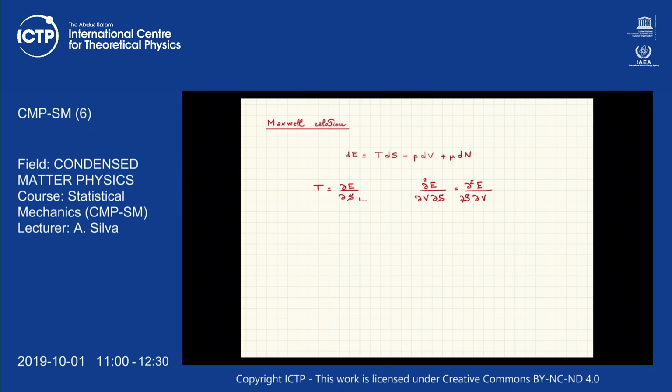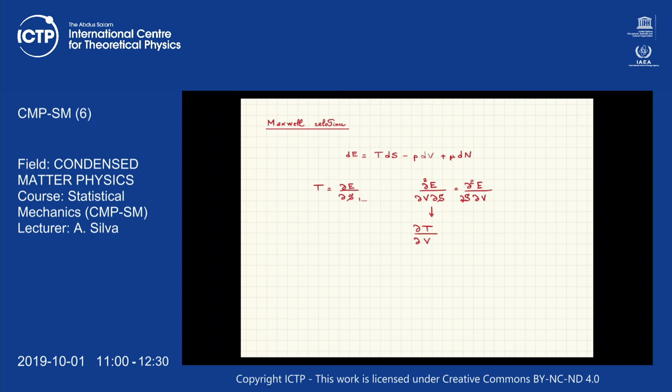These cross derivatives have to be equal to each other. Now, what does this mean? This is just the derivative of the temperature with respect to the volume, right? Because the derivative with respect to entropy is equal to the temperature. And then I take a derivative with respect to the volume.